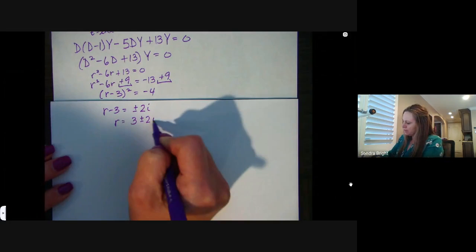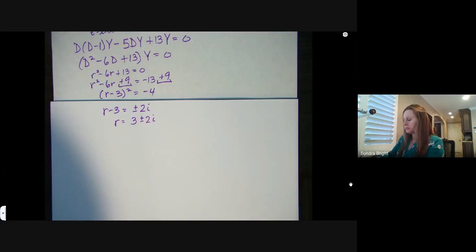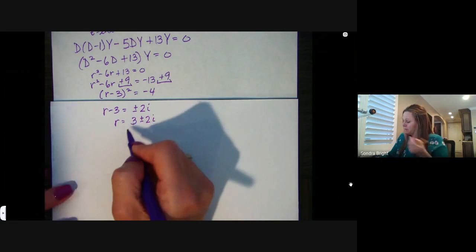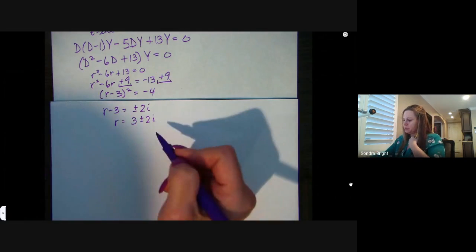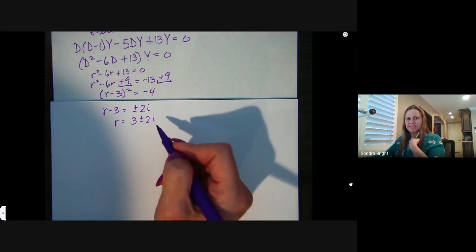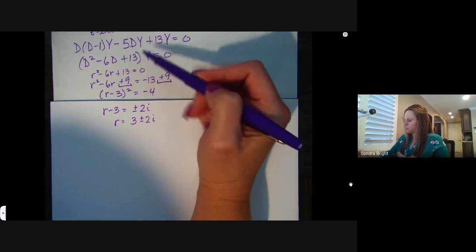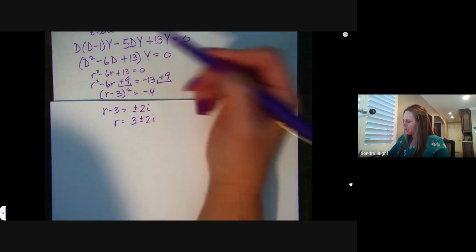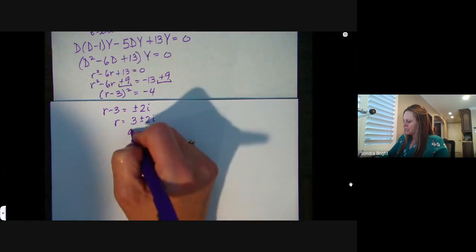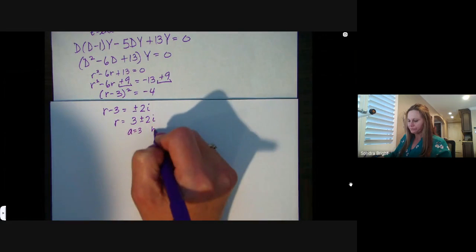And do you remember, these are complex roots. Multiplicity is just 1. Back on this D squared minus 6D plus 13, there wasn't an exponent on the parentheses, so the multiplicity is 1. Your a is 3. Your b is 2.